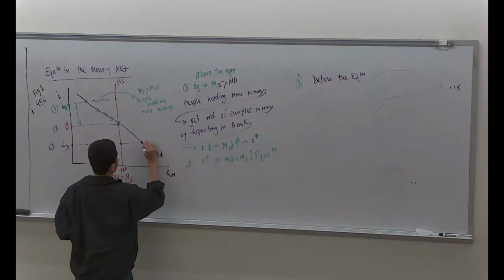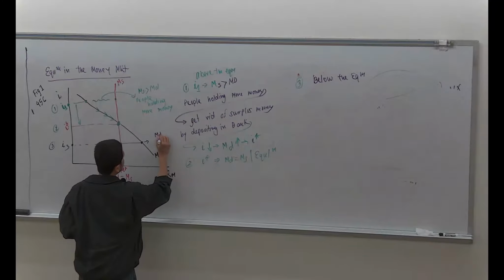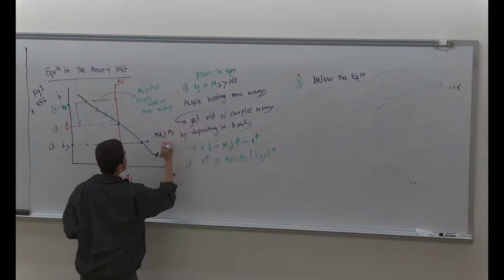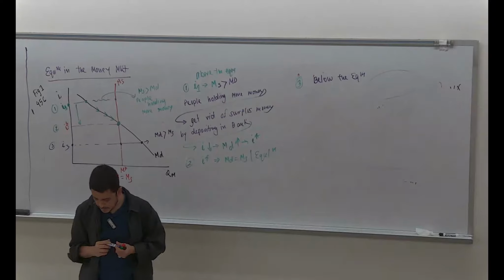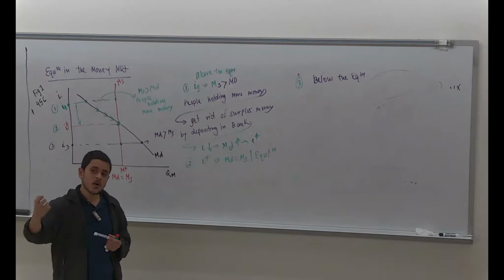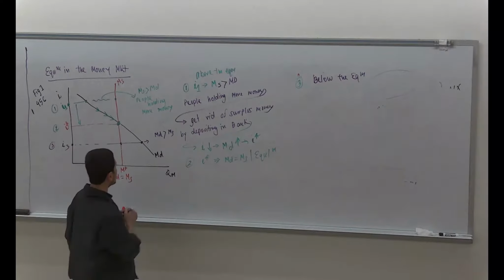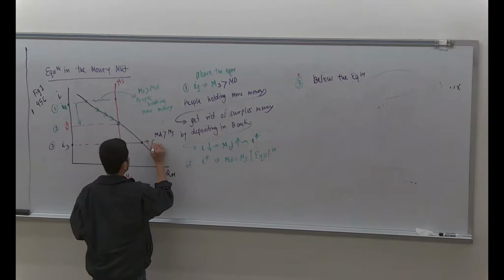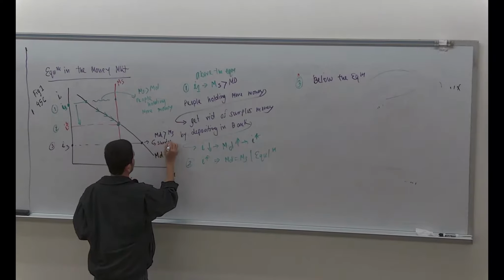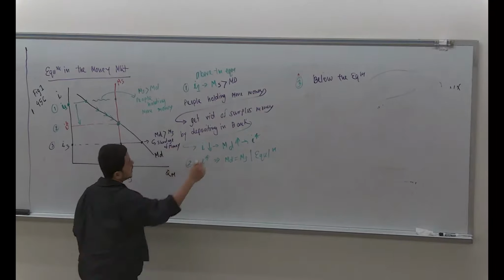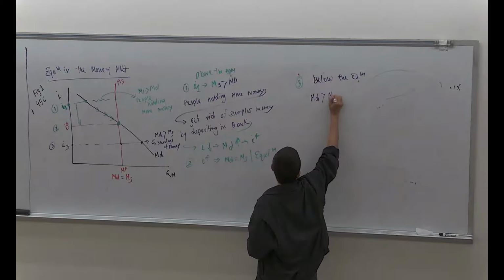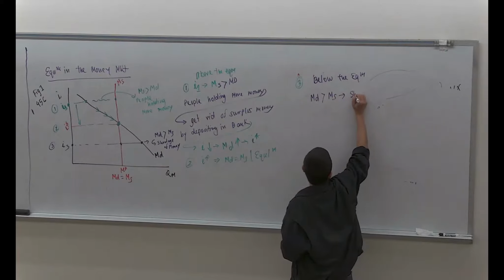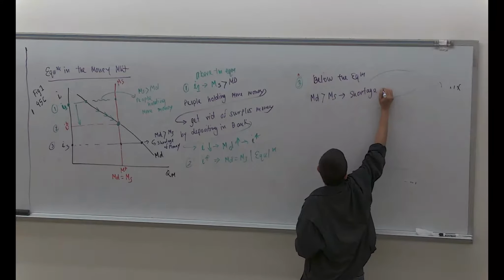At this point, money demand is higher than money supply. You're demanding more money, but the supply is less. That means there is a shortage of money.